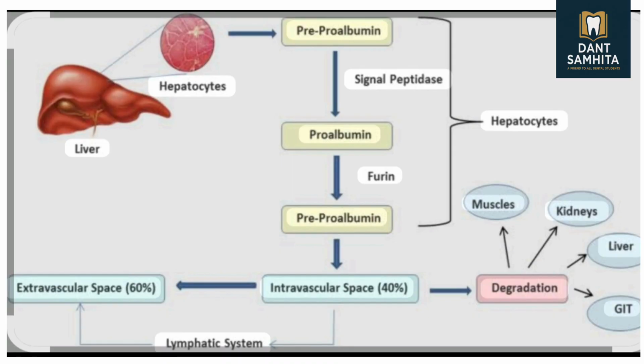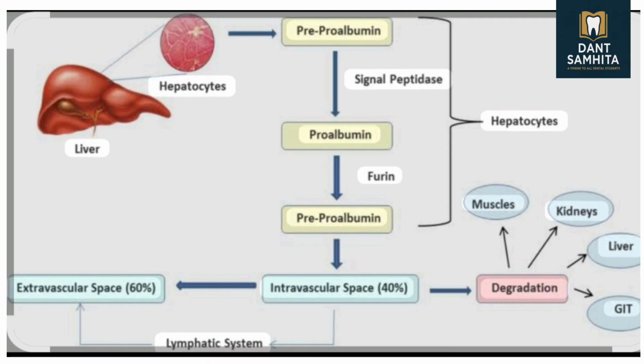Now I will show you how albumin is actually synthesized and how it is used. From the hepatocytes, which are the reticuloendothelial cells of the liver, what we get is pre-proalbumin. Everything is happening inside the hepatocytes.